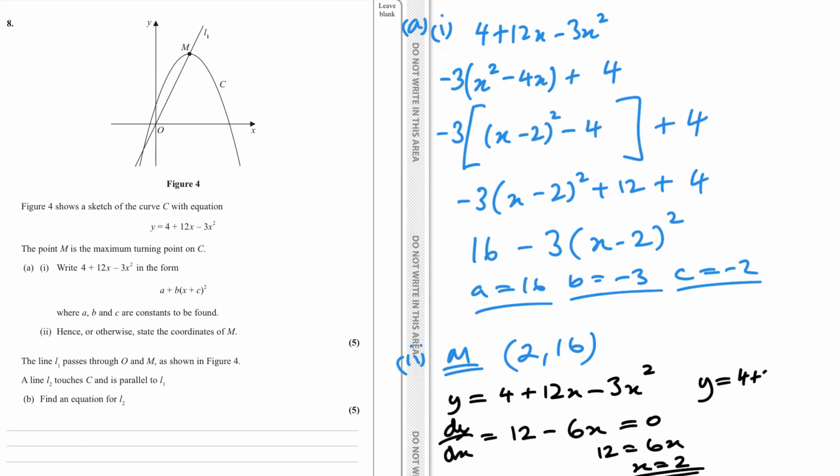So you get 4 plus 24 minus 12, and that is your 16 there for y. So you can do it by differentiating. That's your like otherwise, but hence use the first bit. As long as you've found the first bit, you're fine. If you've got plenty of time left in the exam, you could differentiate to check your answer if you wish.